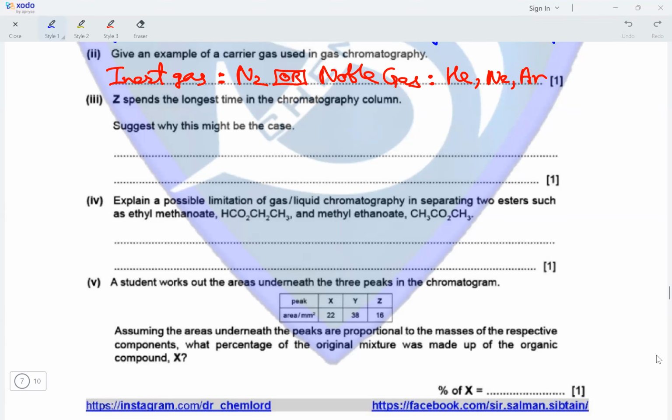Z spends the longest time in the chromatography column. Suggest why this might be the case. So if Z is spending the most time in the column, it means it is the one that is the most soluble in the stationary phase.